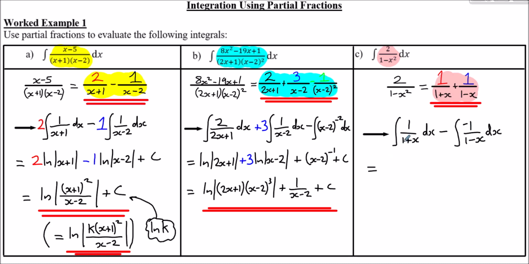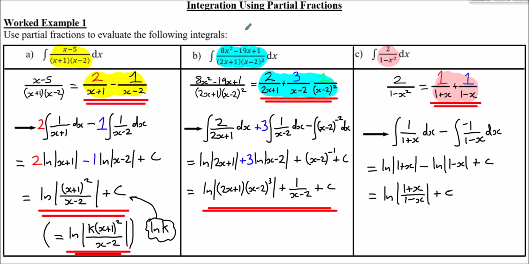So overall, from this one, we get ln mod 1 plus x minus ln mod 1 minus x plus c, which we can now finally write in the simplest form. So we can now write this as ln mod 1 plus x all over 1 minus x, all plus c.